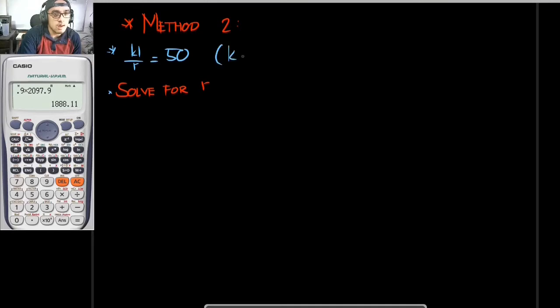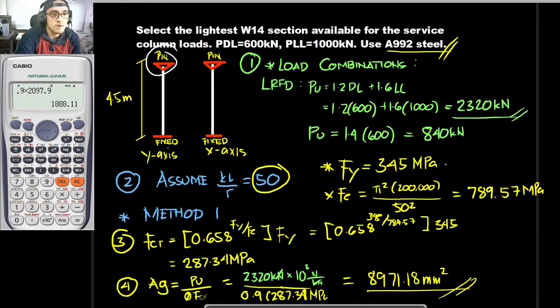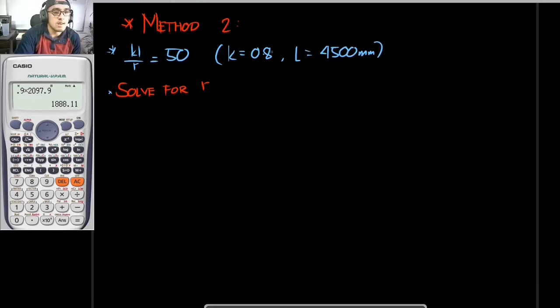So K is equal to 0.8. Ito yung pinag-usapan natin kanina. And our length would be 4,500 millimeters. Teka, tama ba ito? Nakalimutan ko na. So yes, 4.5 meters. So 4,500 millimeters ang ating length.